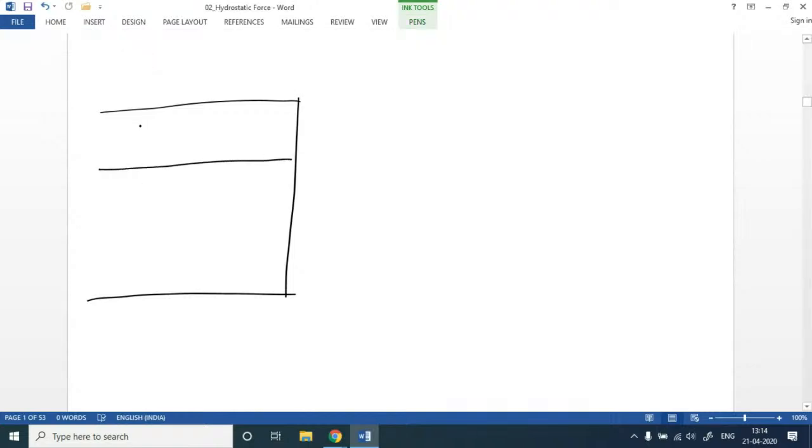Okay, so some liquid of density rho1 is filled to a height of say h1, and some another liquid is filled to a depth of h2. Okay, so this is the case.